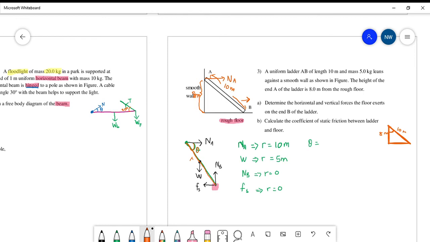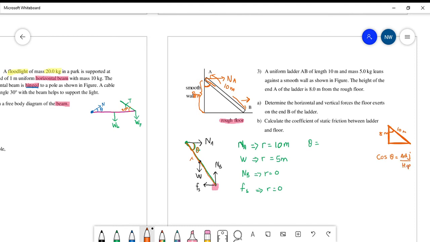Okay, jadi kita first cari dulu angle yang kat sini. Okay, so kita akan guna trigonometry, kita akan guna cos, sebab cos sama dengan adjacent over hypotenuse.